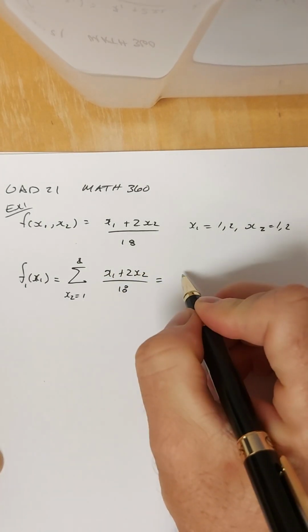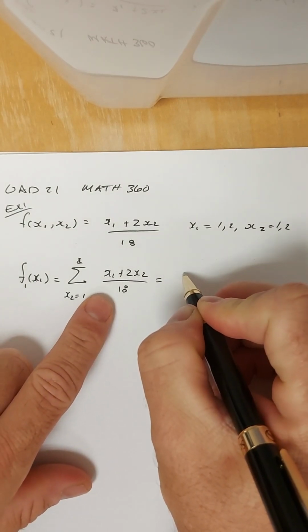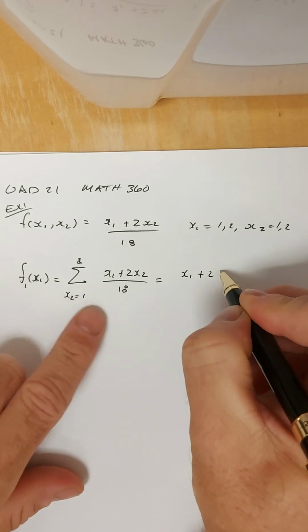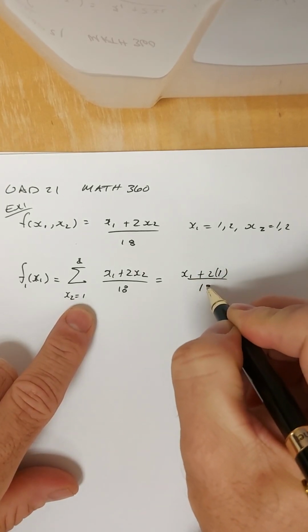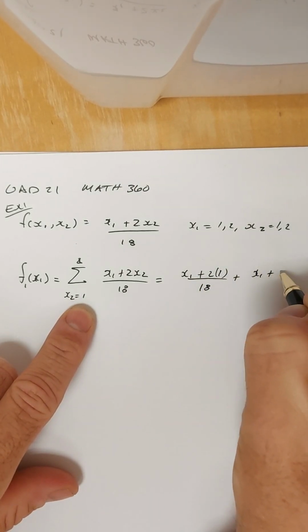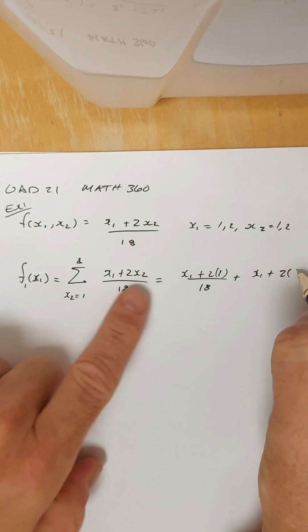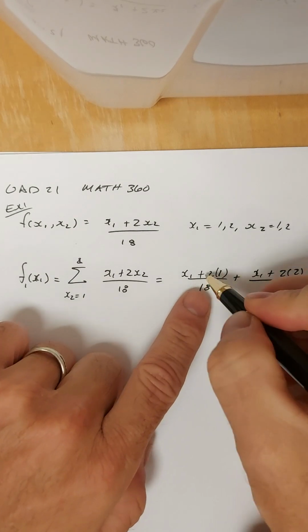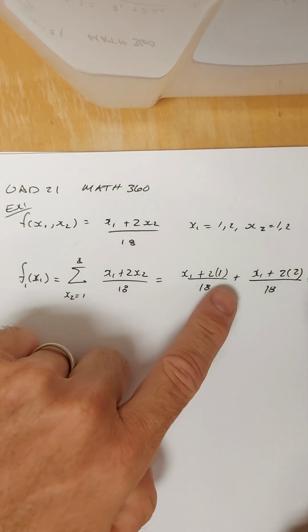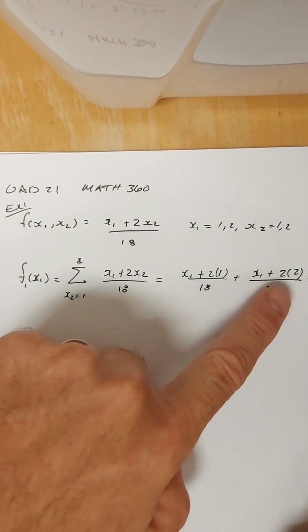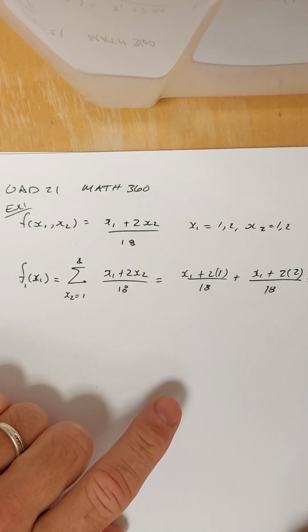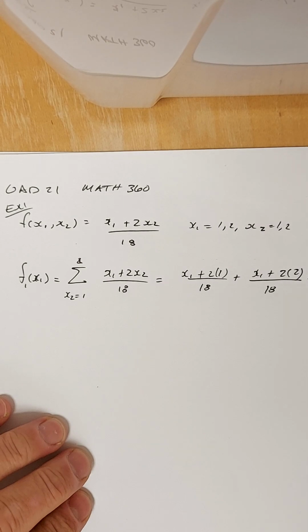If we throw those in, x1 is going to stay here, and we're going to have (x1 plus 2 times 1) over 18 plus (x1 plus 2 times 2) over 18, which means we have 2x1 plus 4 plus 2, so 6, all over 18. And then x1 here, of course, is equal to 1 or 2.